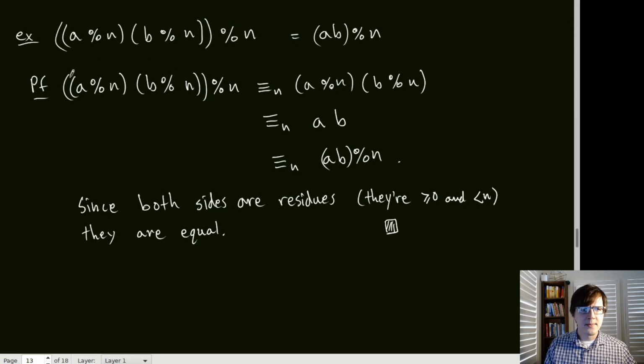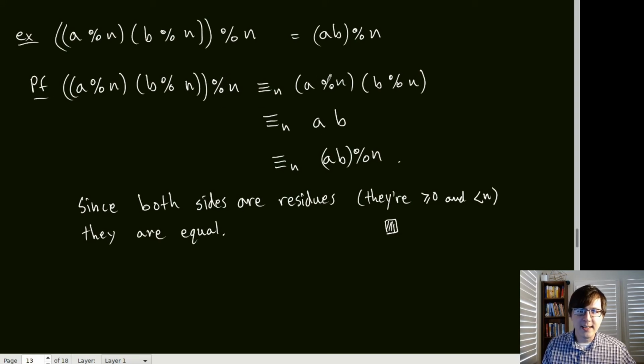So we take the left-hand side, and because of that lemma, which was that congruence mod n, we can also just mod a number by n. That means that a mod n times b mod n is congruent mod n to the left-hand side, where we also take the remainder after dividing by n.